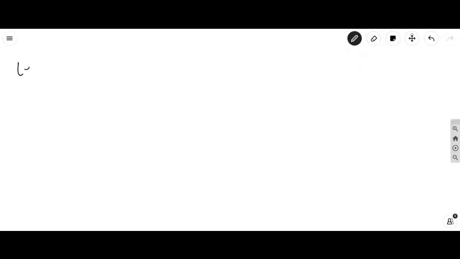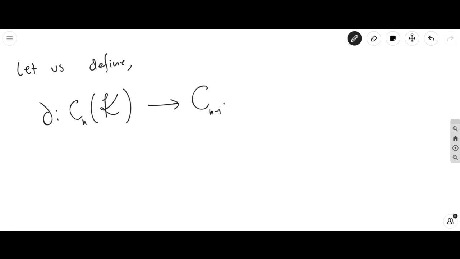So let us define the boundary operator. I previously wrote C n plus 1. It does not matter. Maybe for the sake of notation, it will look nicer if I write Cn. So we're going to define an operator from n-chains into n minus 1 chains.